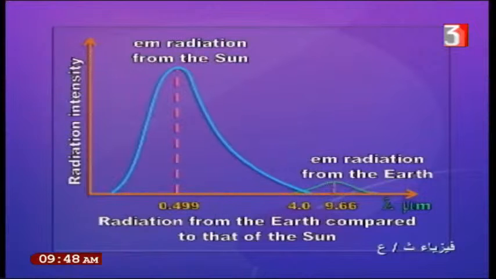As we said, as we raise the temperature, the maximum wavelength is shifted towards the left. So lambda maximum of the Sun lies in the visible spectrum. Its wavelength is equal to 0.499 micrometer, but lambda maximum of the Earth is 9.66 micrometer.